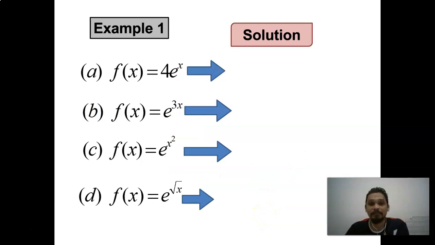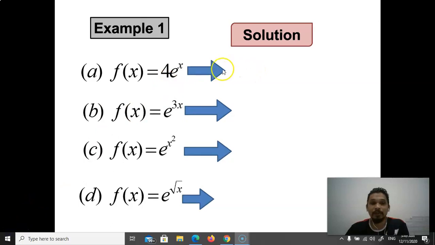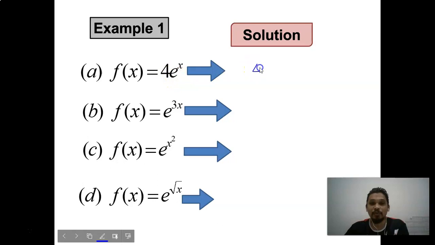Okay, now let's take a look at this one here. For e to the power of x, differentiate 4 times e to the power of x equals 4e to the power of x. Now, the next one here, f(x) equals e to the power of 3x.